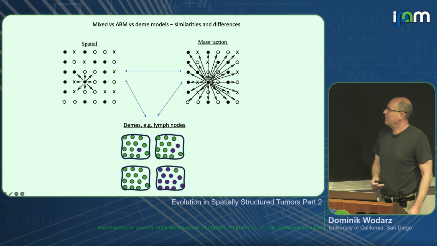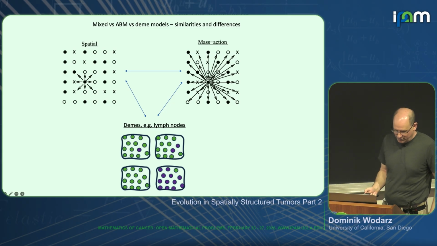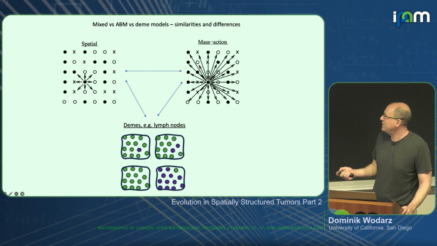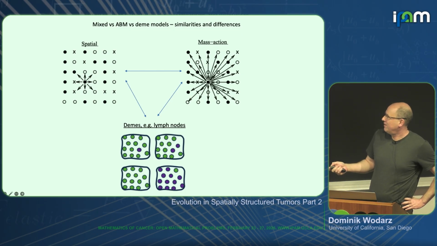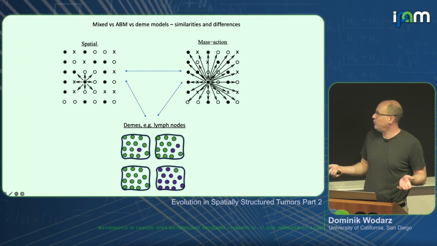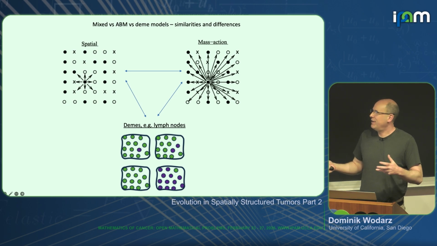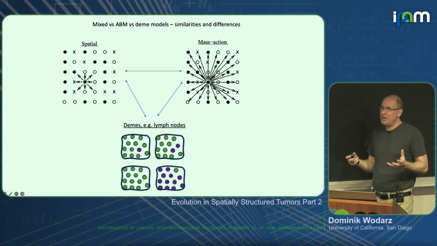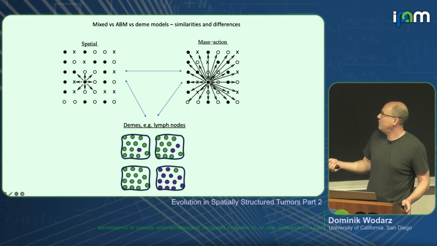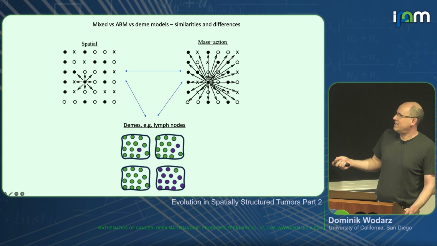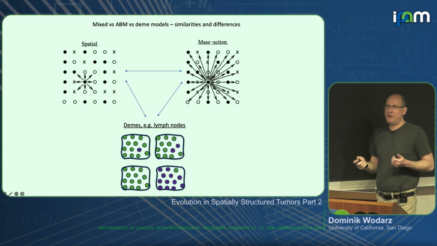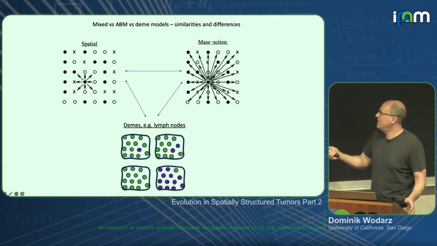So these are some of the more prominent modeling methodologies that you use to study spatial dynamics. What I'm going to be focusing on most during this presentation is agent-based models, where you have individual cells that have a given spatial location. You apply certain rules to them. They divide. They can die. When they divide, it is to the nearest neighbors only. And so it's a very spatially structured system. You can compare the properties of such an individual-based or agent-based model to those of a model that assumes mass action, where everything mixes perfectly well, which is essentially what an ODE assumes.